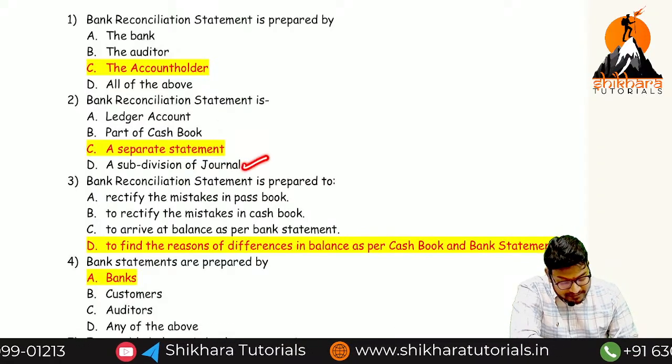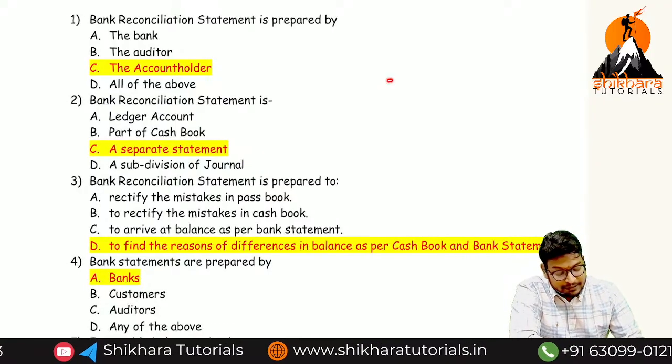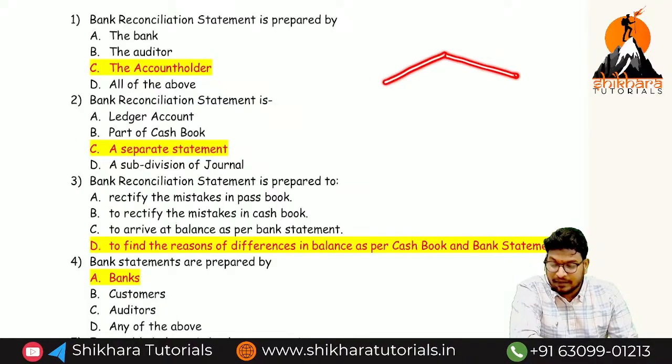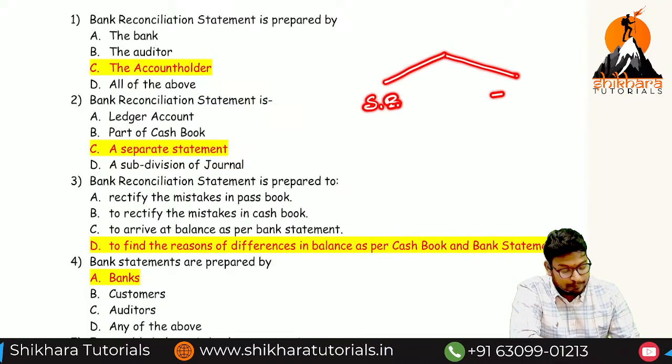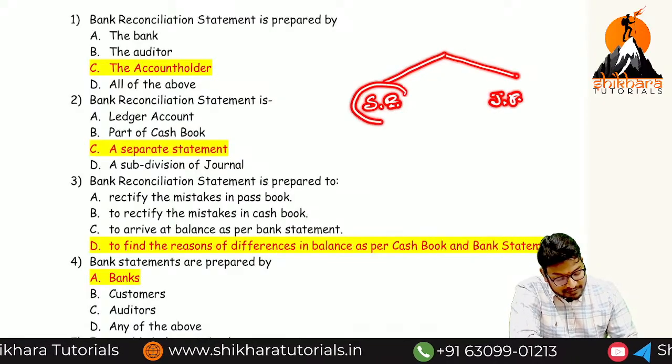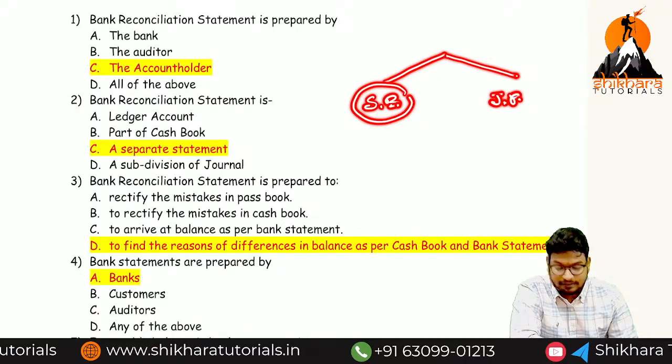Is it a subdivision of journal? No, ma. Journals are subdivided into how many parts? Two parts. First one is called subsidiary books and second one is called journal proper. Have we discussed any BRS in the subsidiary books?